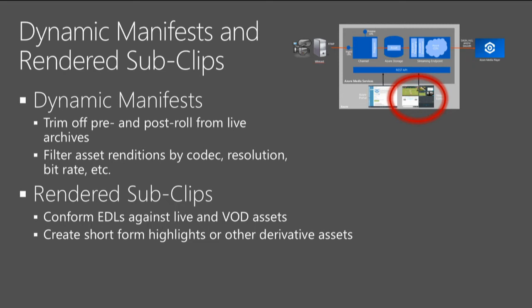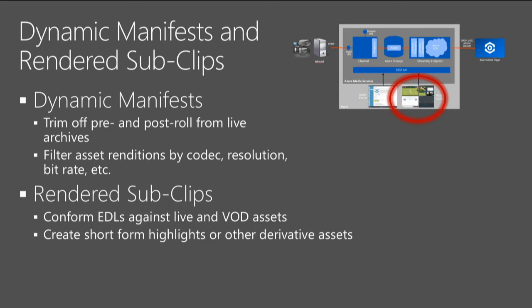Another way that you can use dynamic manifests is to filter off renditions. Where you may want to use this is, nowadays with the prevalence of various devices, you may be delivering to an Xbox on a very large screen device, and for that you probably want to have, for instance, a 1080p rendition or quality level so it looks really good on that big screen device.